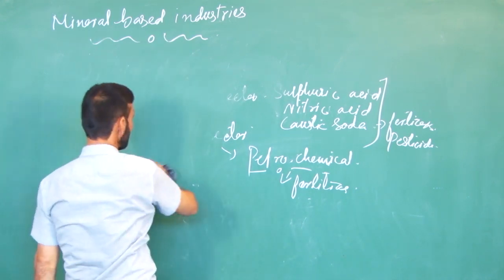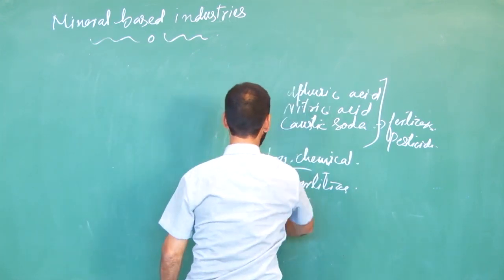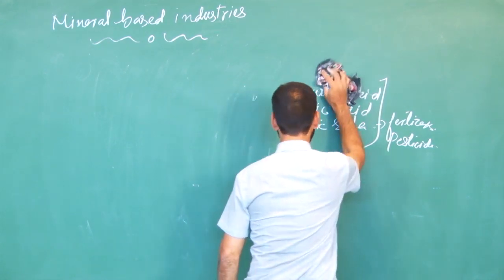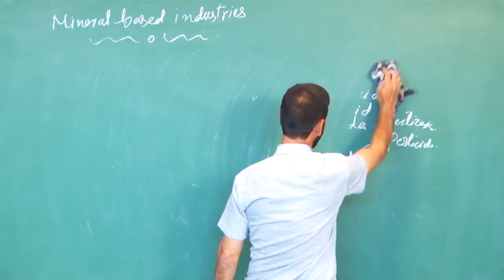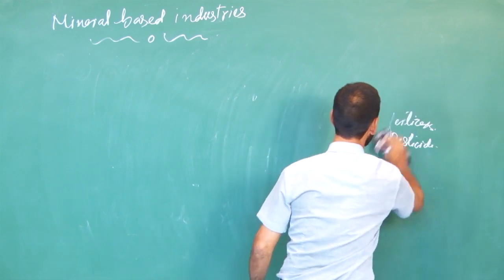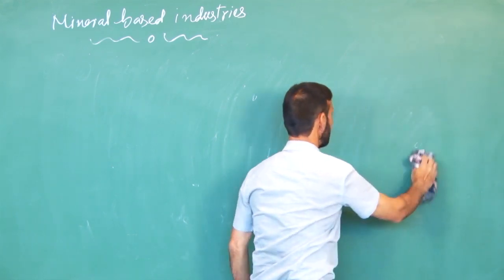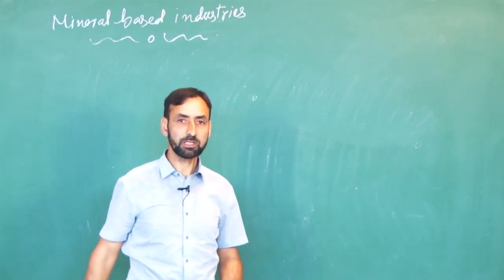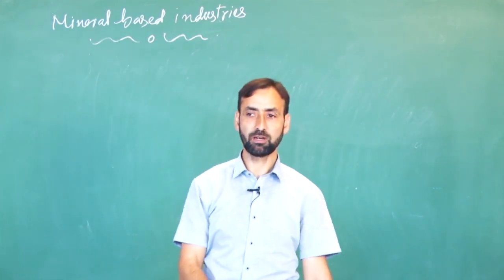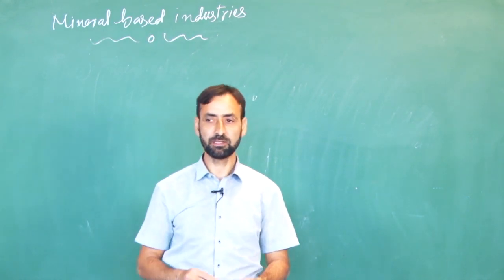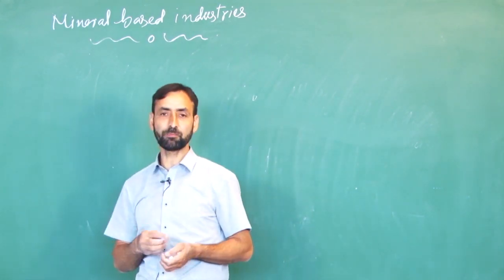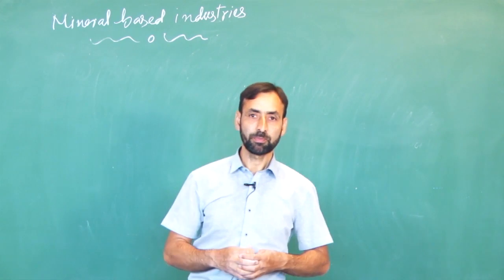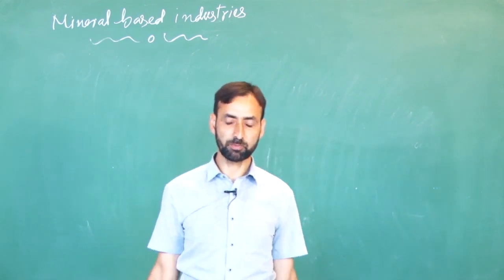The fertilizer industry particularly has much more demand in today's world, because fertilizers are used for agricultural purposes. Its demand increased after the Green Revolution, because there was more and more need of fertilizers in India. In Punjab and Haryana particularly, there was more demand of these fertilizers in order to get much more production.